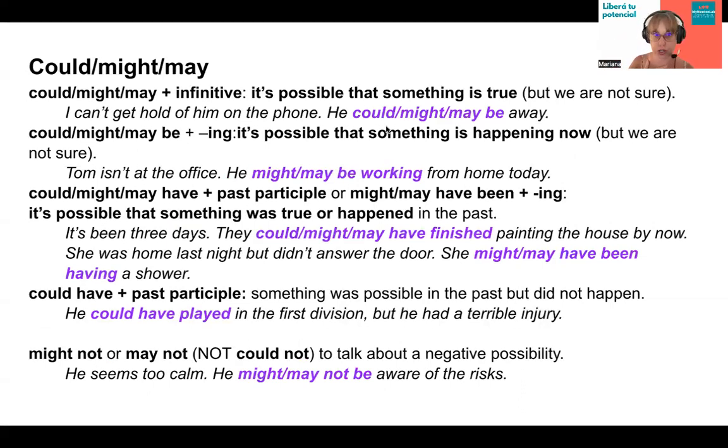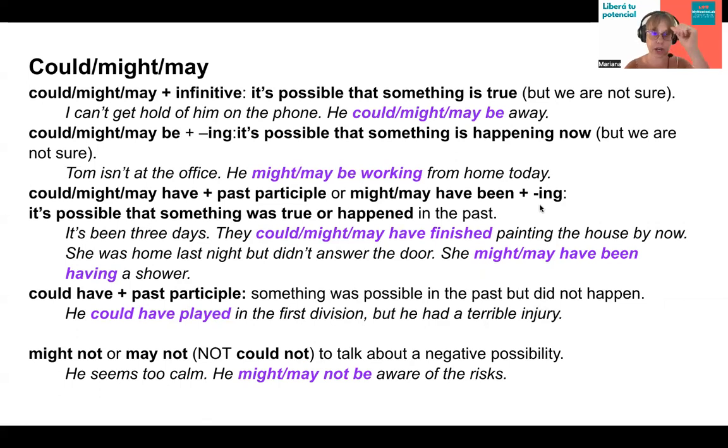I'm not sure, okay? It can also be used with infinitive, can also be used with be plus gerund if you're speaking about right now. And the same structure for the past, they have plus the past participle, or they have been plus the gerund.